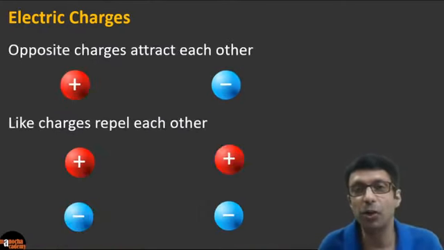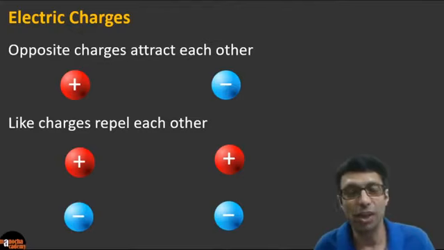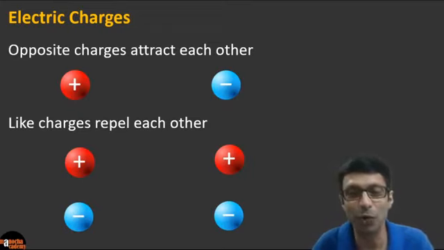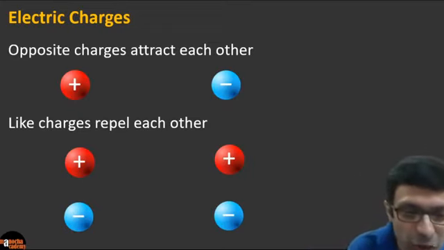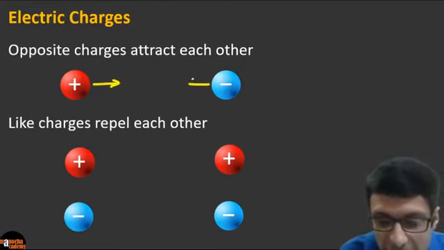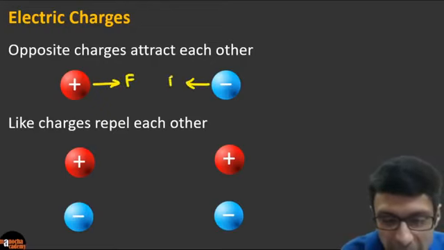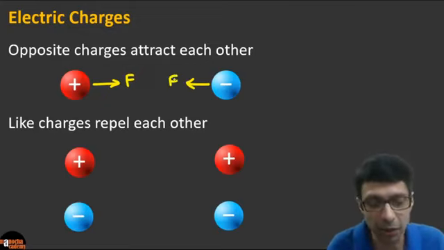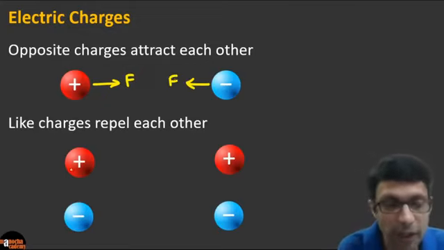All of you must be knowing that opposite charges attract each other. Like you know about the North Pole and South Pole of a magnet, they attract each other. So a positive charge attracts a negative charge with a force. And like charges means similar charges. So if you have two positively charged bodies, what will happen?